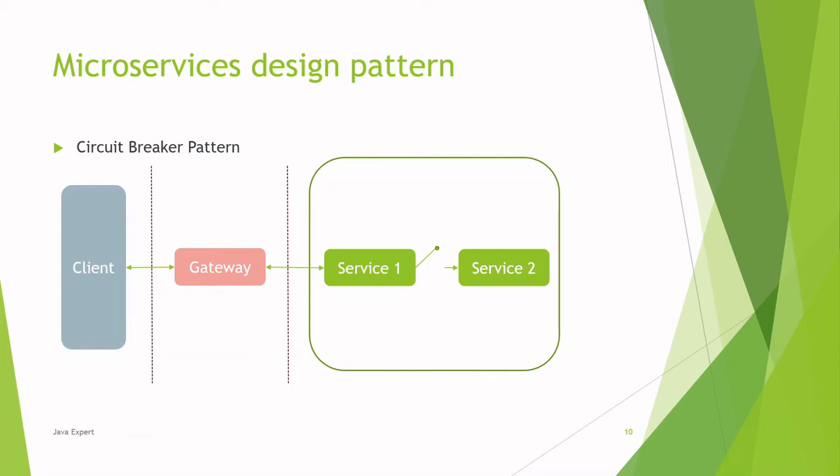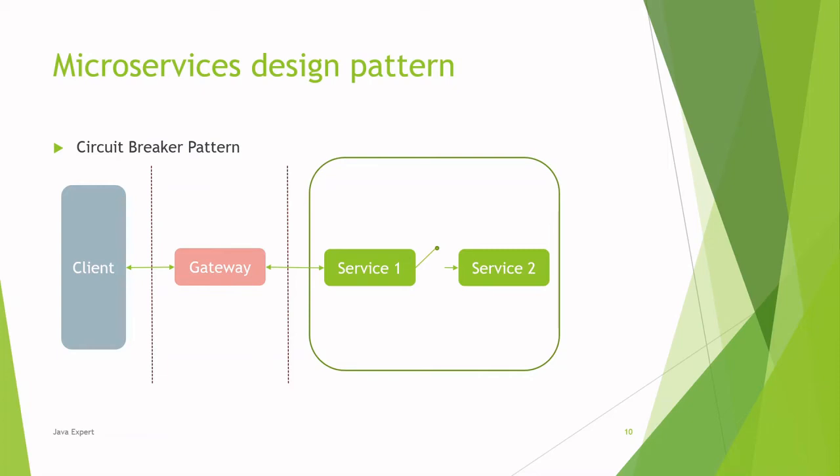How does it work in microservice architecture? See, the client is calling service 1. Service 1 needs to call service 2 to fulfill the client's need. But for some reason, service 2 is not responding properly. When you enable the circuit breaker pattern, service 1 gives the request to service 2 and will try 2-3 times.